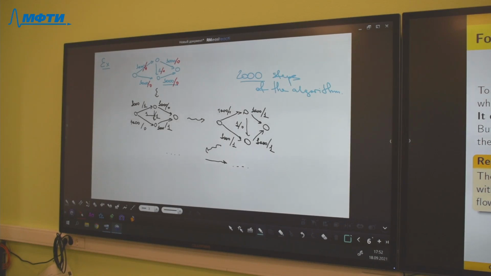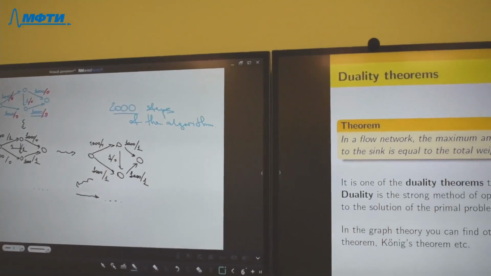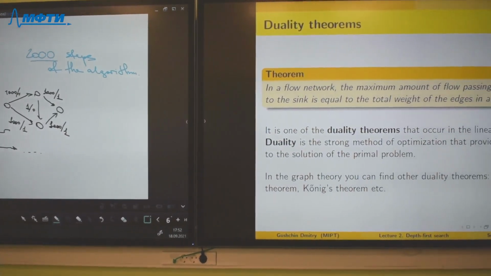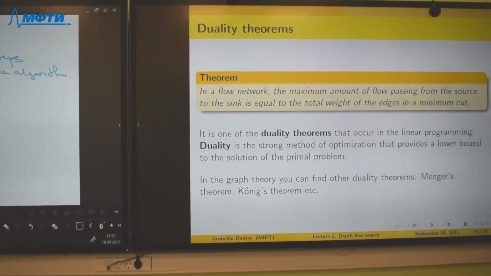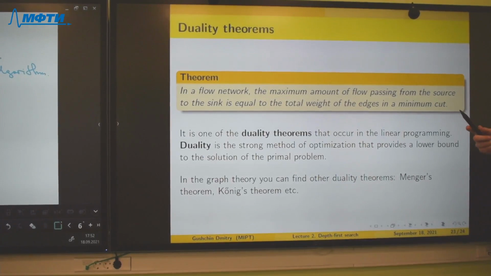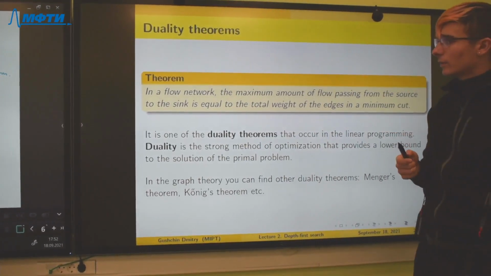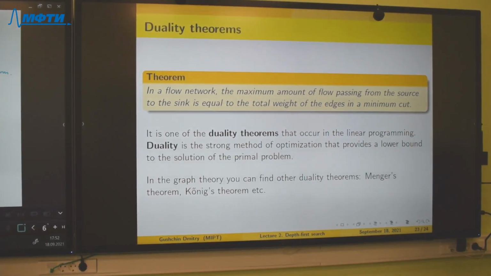So that's about the Ford-Fulkerson algorithm, and some information about dualities. The theorem that I wrote sometime before is equal to this theorem.